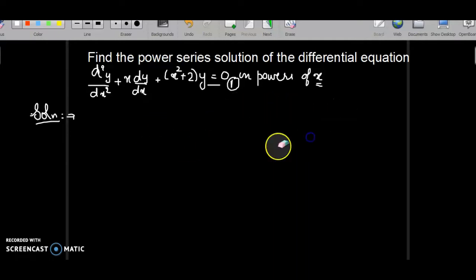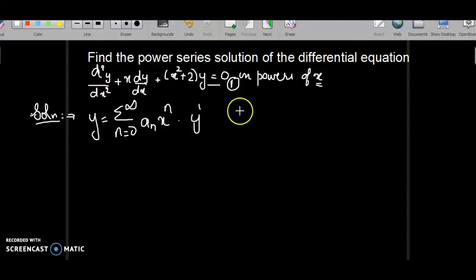Now we'll start. The first step is always putting y = Σ (n = 0 to ∞) aₙ xⁿ. This is our solution. Now we need y' and y'' to go into equation number 1. We have already seen how we can write y' and y''.